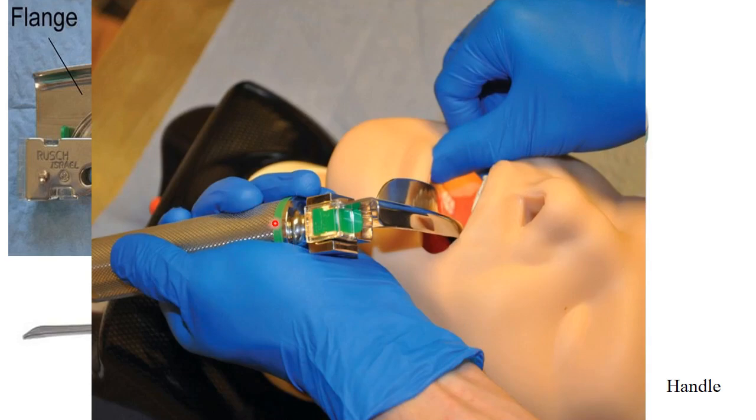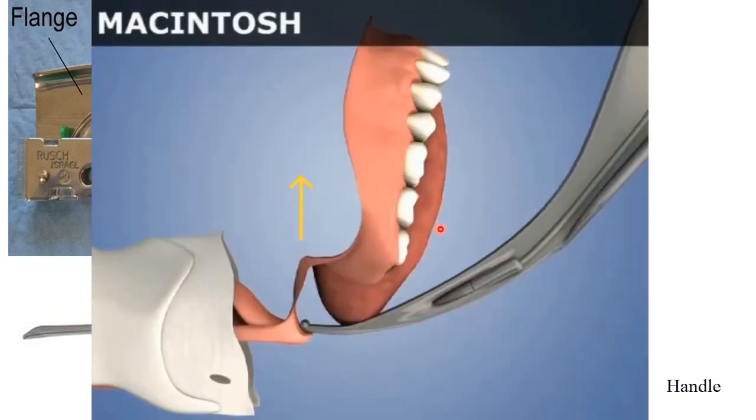The laryngoscope is introduced from the right side and the tongue is pushed towards the left, then it moves forward. In the case of Macintosh, the tip is placed in the valleculae and then lifted upwards, and the larynx will be visible.